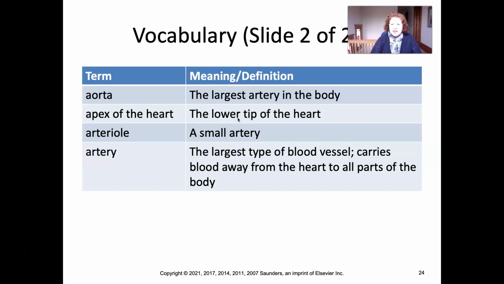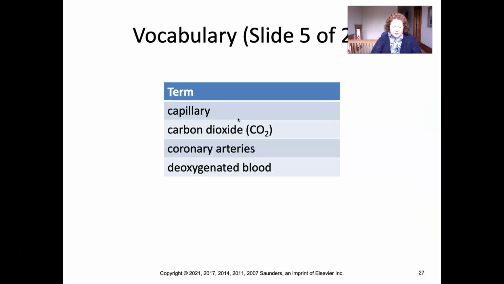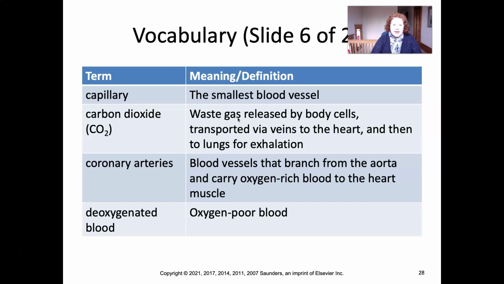So vocabulary: aorta, apex of the heart; arteriole, artery; atrioventricular bundle, or that bundle of His, with only one S when you spell it. Atrioventricular node, or that AV node, which is your internal pacemaker, not an exterior one. Atrium, the plural is atria. Capillary, carbon dioxide, coronary arteries, deoxygenated blood.